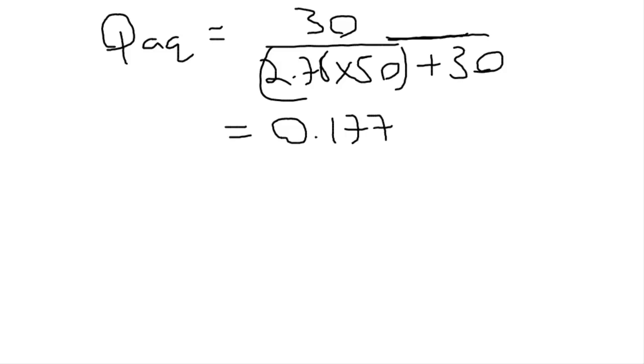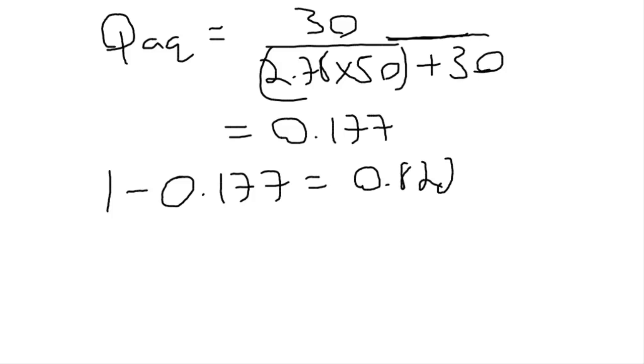That's the fraction of analyte remaining in the aqueous phase. To find the efficiency, we want to subtract that from 1. That equals 0.822. That's the fraction that is lost, the fraction extracted. Multiply that by 100, we get basically 82% extraction efficiency.